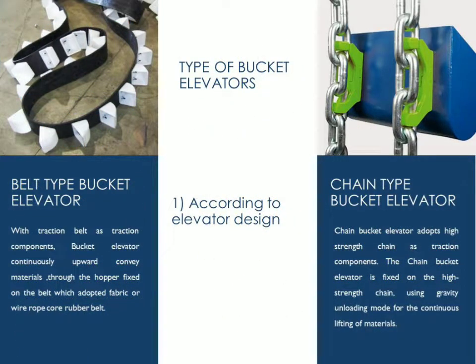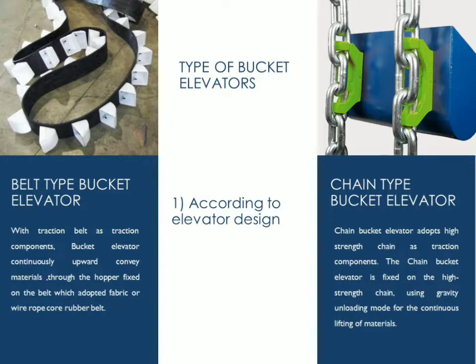Next, types of bucket elevators. First, we look according to elevator design. There are two types of bucket elevators. Belt type bucket elevator: with a traction belt as the traction component, the bucket elevator continuously conveys material upward through the hoppers fixed on the belt, which adopts a fabric or wire rope core rubber belt.